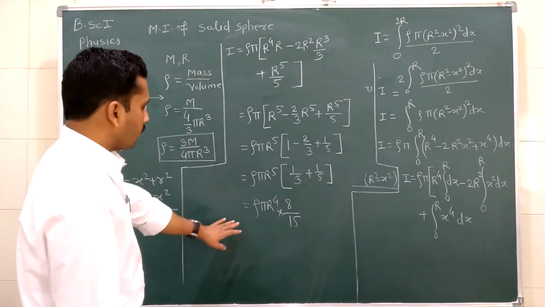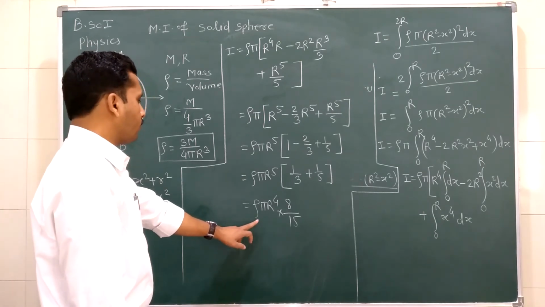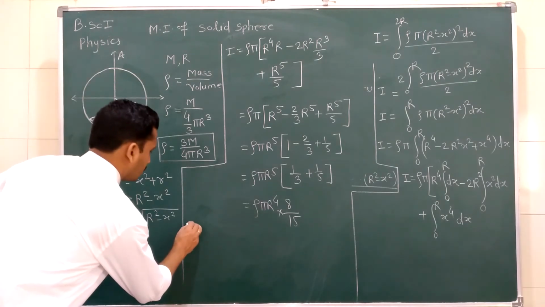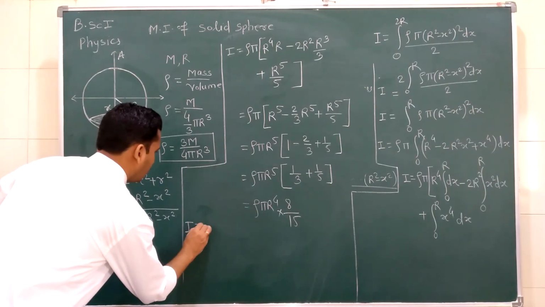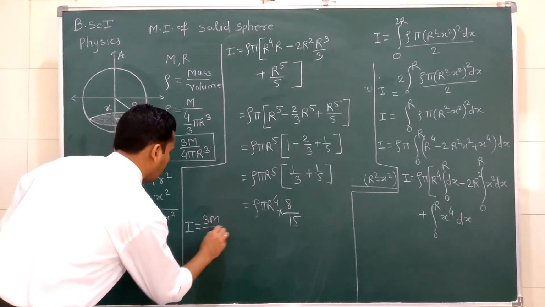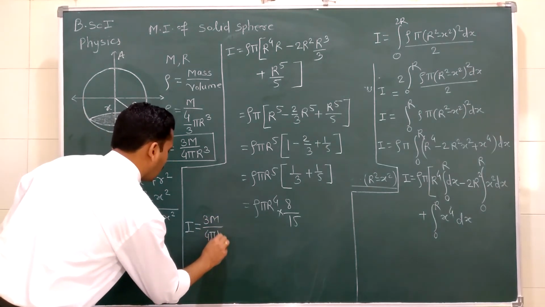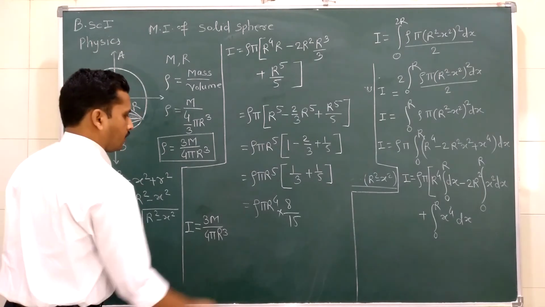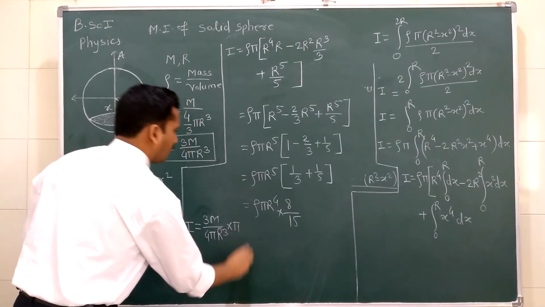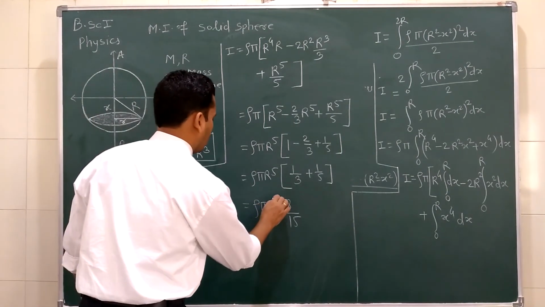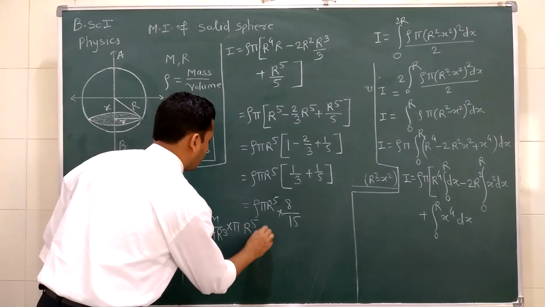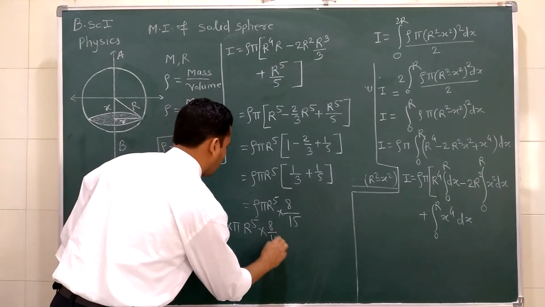Now we are going to put in this value of rho, which is equal to 3m upon 4 pi r cube. So this moment of inertia I is equal to 3m upon 4 pi r cube, multiplied by pi, multiplied by r to the power 5, and multiplied by 8 upon 15.